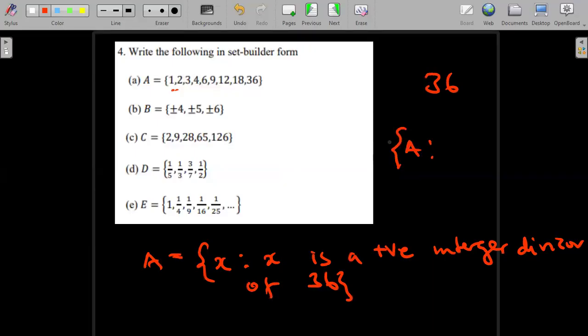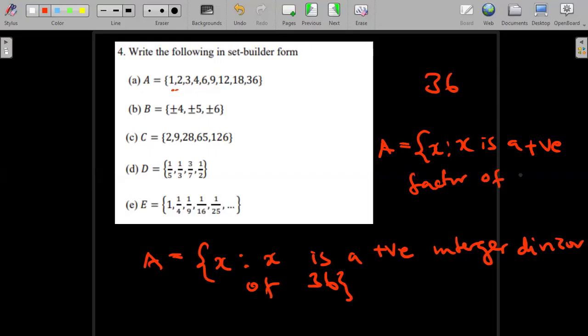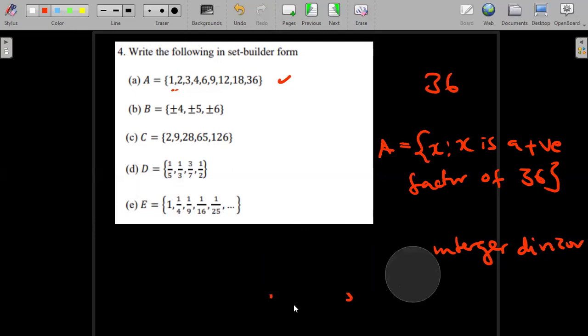So you can write that A equals the set of x such that x is a positive factor of 36. I can define it like this or this way. It's going to be the same. Okay, so this is for part one. That's how you write it in set builder notation. Then let's go on to part two.